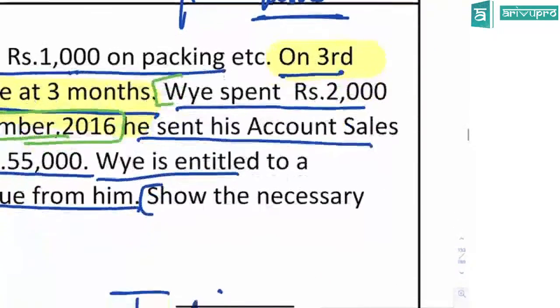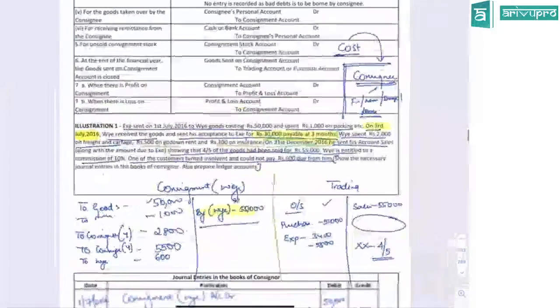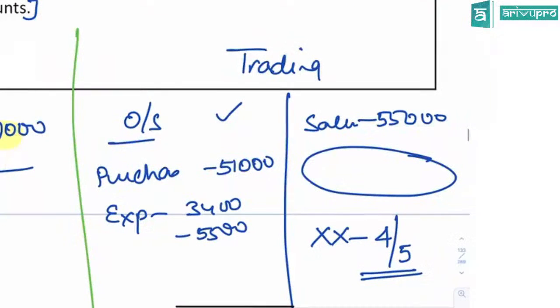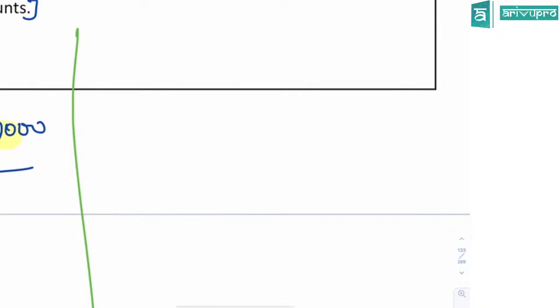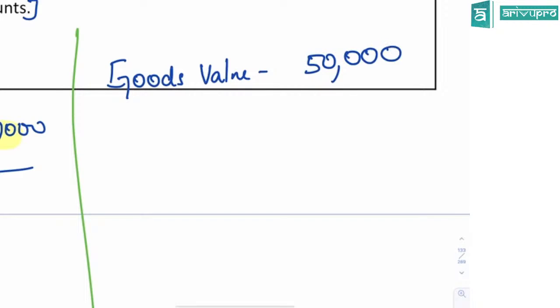Now, in this question, let us try understanding what are the costs which are incurred before it reaches the consignee. What was the goods value? 50,000. How much was spent on packaging? 1,000.